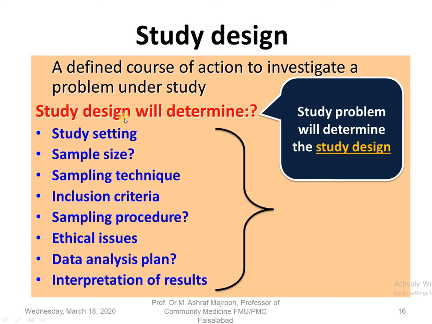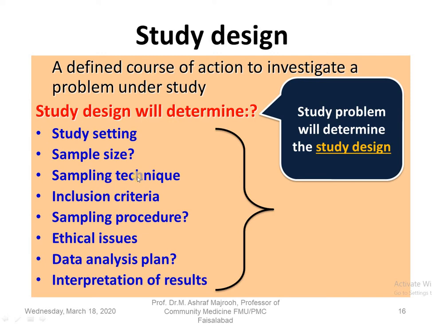So, for example, if we choose a randomized control trial, then ethical issues become more important as compared to the exploratory studies. Similarly, the sample size, when you are having the descriptive studies, then sample size will be differently estimated, and when you do the analytic studies, you find the relative risk, then your sample size will be based on the relative risk.